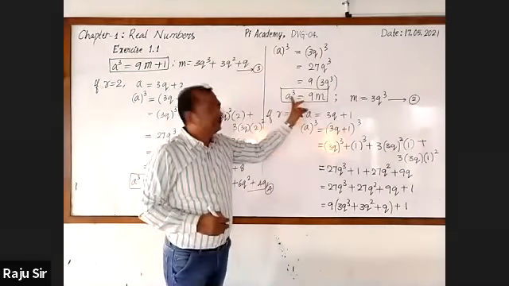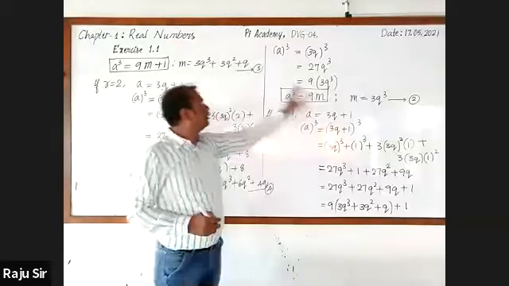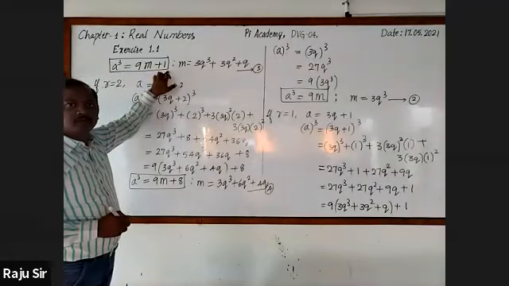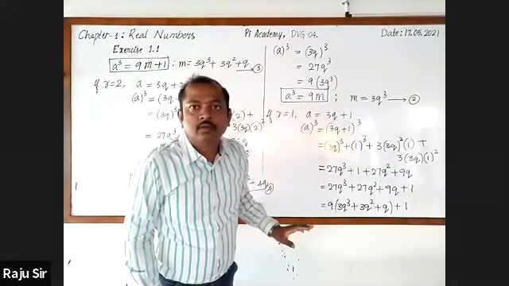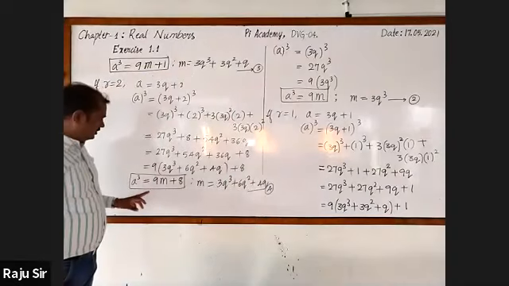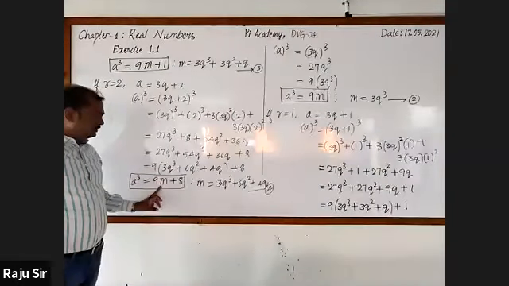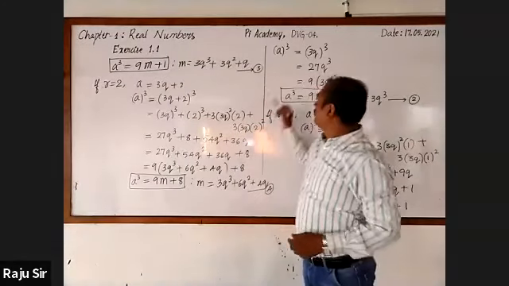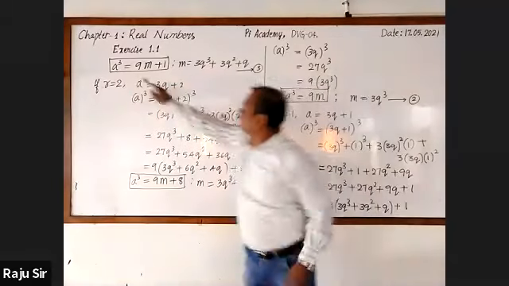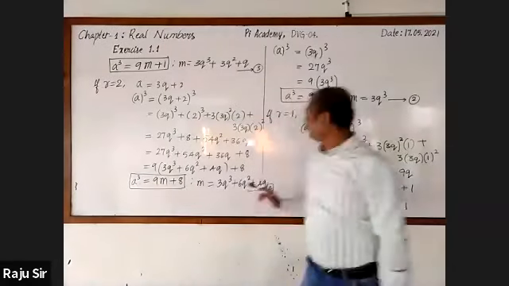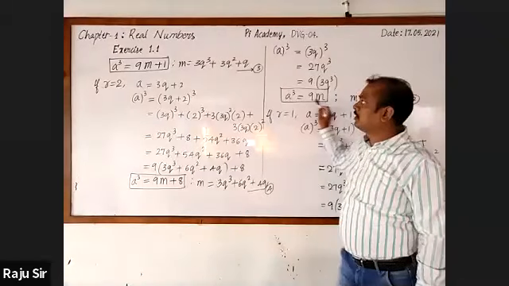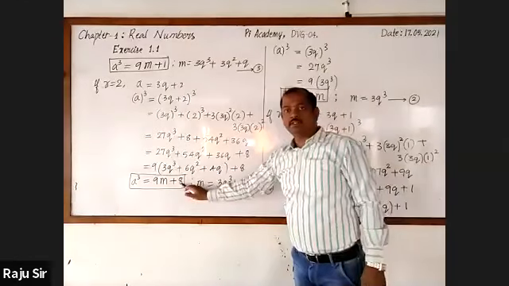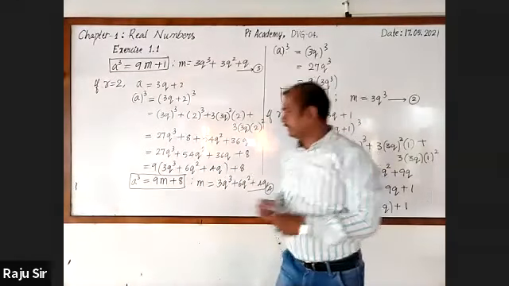In statement 2, a cube is 9m. Next, statement 3, a cube is 9m plus 1. Then a cube is 9m plus 8. So the cube of any positive integer is of the form either 9m or 9m plus 1 or 9m plus 8. Clear? Yes, right.